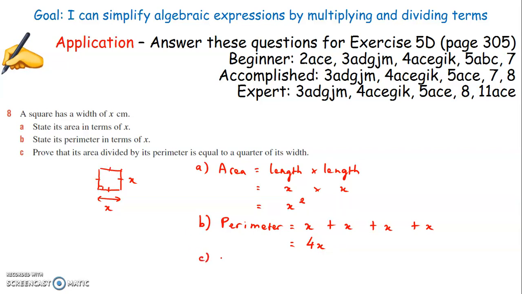And then finally, C asks us to prove that its area divided by its perimeter is equal to a quarter of its width. Okay, so what is it exactly asking us to do? So here it says area divided by perimeter.